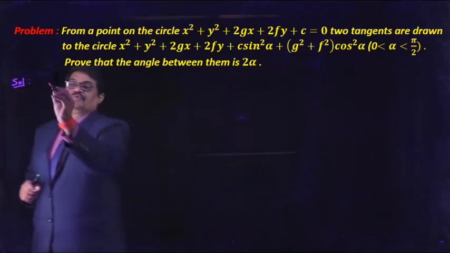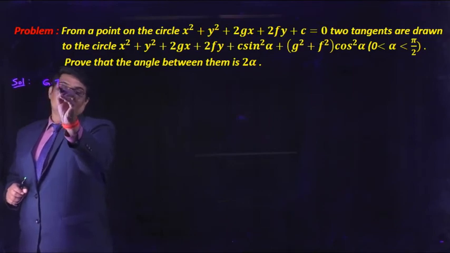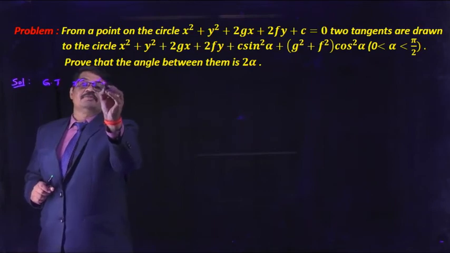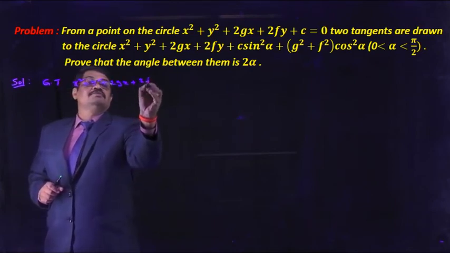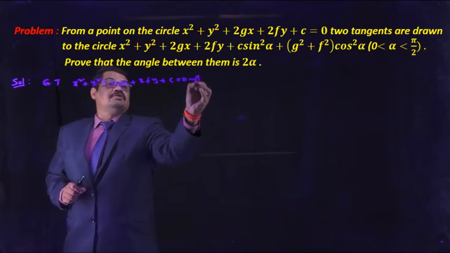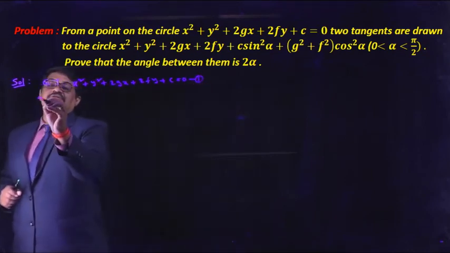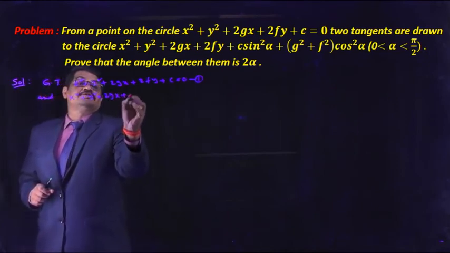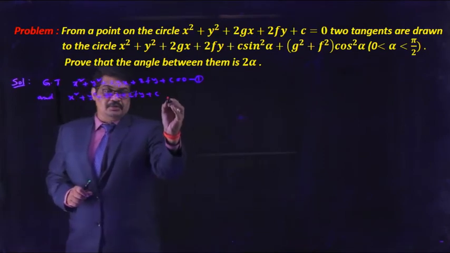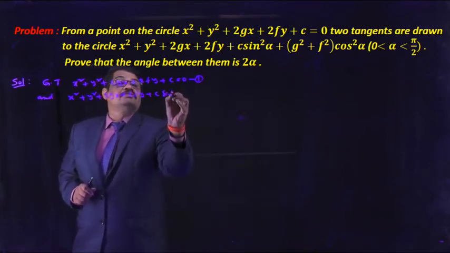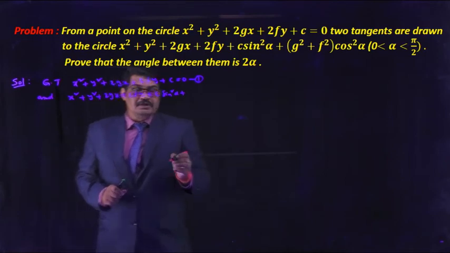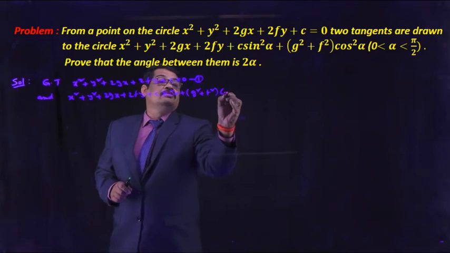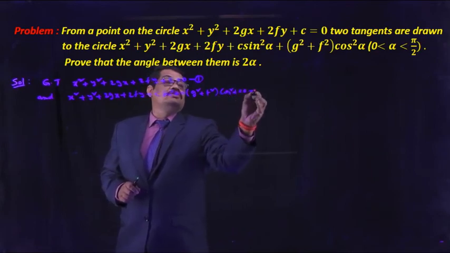Given circles: the first circle is the general circle, that is x square plus y square plus 2gx plus 2fy plus c is equal to 0. And the second circle is x square plus y square plus 2gx plus 2fy plus c into sin square alpha plus g square plus f square into cos square alpha is equal to 0.